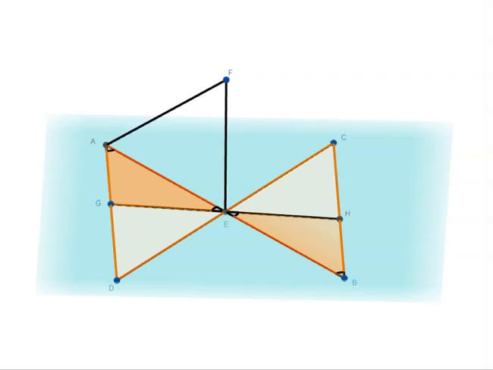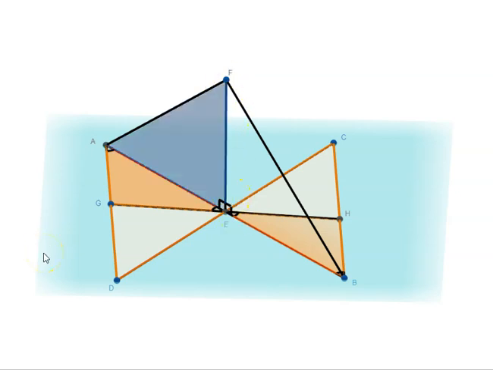AF and BF. Now here, angle FEA and angle FEB, they are right angles. That means they are equal. Because remember, we started off by saying AB and CD are intersecting lines on which at the point of intersection we are drawing a perpendicular line, EF.